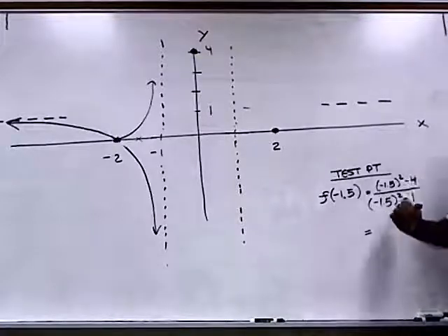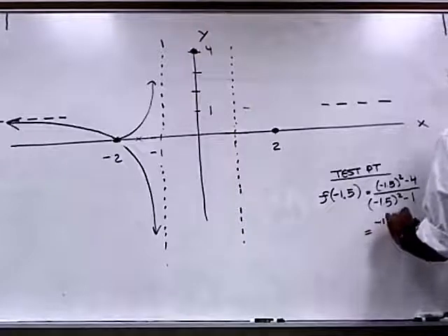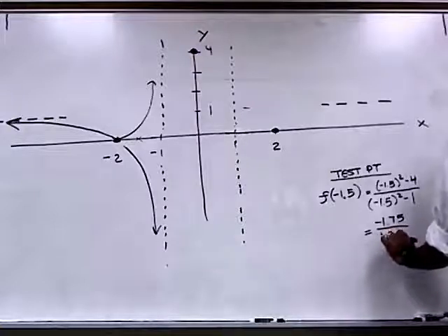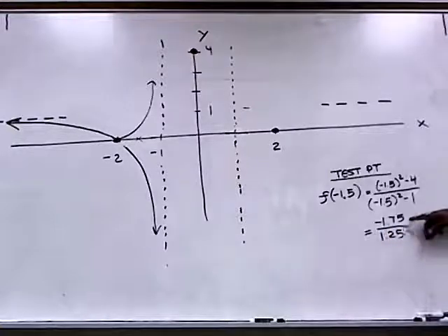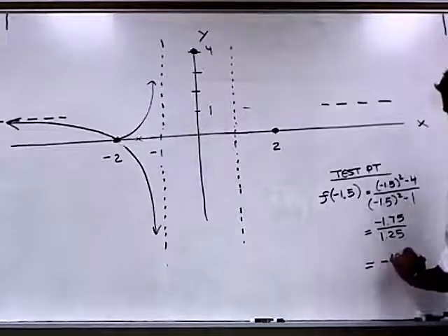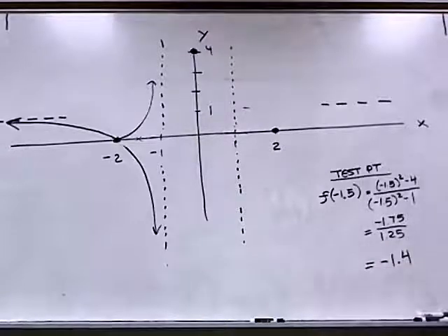If you do the computation on top, you get negative 1.75. And then on the bottom, you get 1.25. So that's what you would get if you did those computations. Then you divide those, and you get negative 1.4. Is that clear?